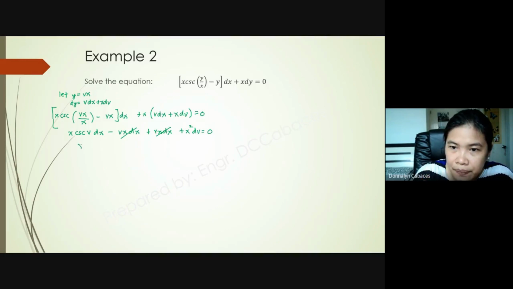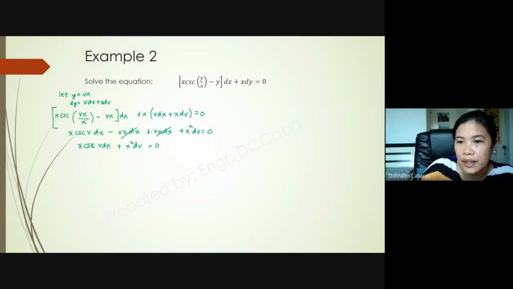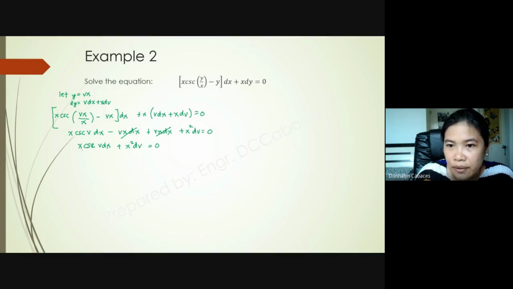Remaining now is x cosecant of v dx plus x squared dv is equal to 0. And we can separate the variable x from the variable v by dividing it by cosecant of v and x squared.